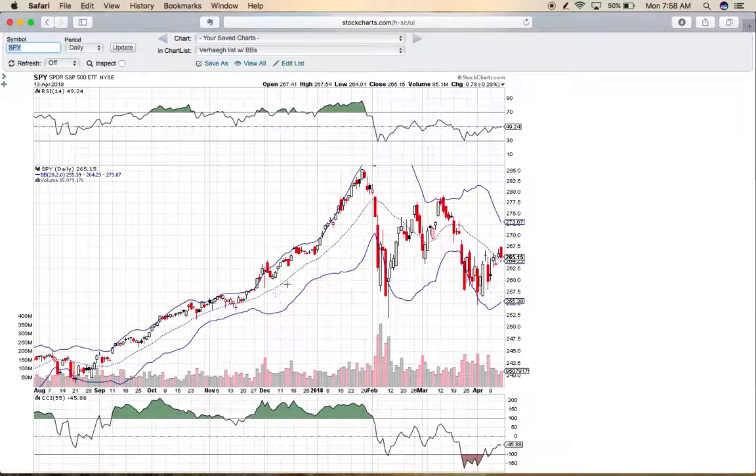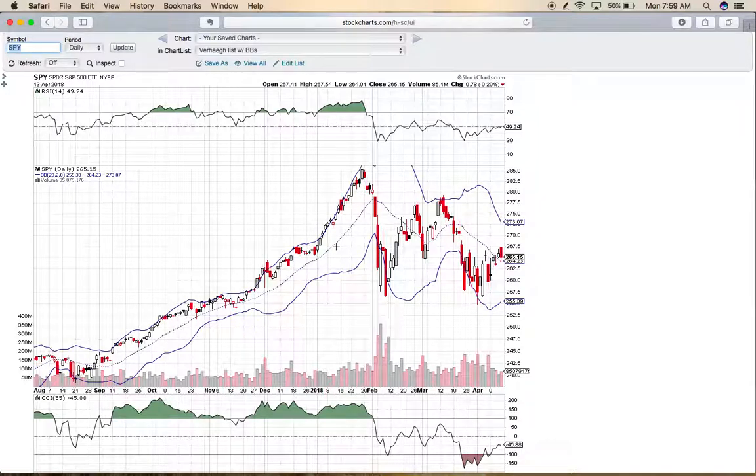What they are is this dotted line is the 20-day simple moving average. And last lesson 17, we talked about moving averages, and one thing I meant to tell you that I didn't was there are two major kinds of moving averages. There's a simple moving average and there's an exponential moving average. The simple moving average is simply, on a daily chart, the average price of a stock for the past 20 days.